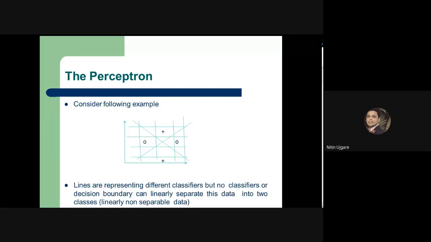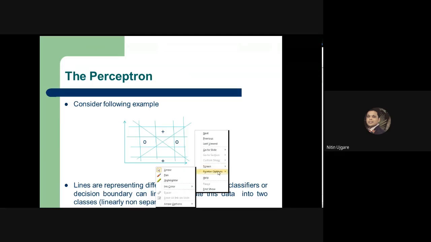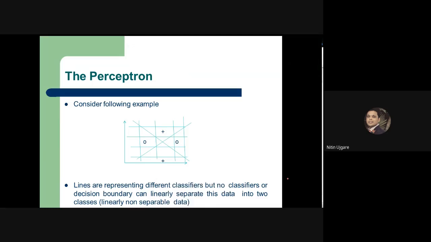The example of this kind of data set is this. Here in this slide, you can see this data is not linearly separable. You cannot have any classifier which performs the classification of these instances. Many of these classifiers have been shown here. This is one classifier, this is another classifier, this is another, this one, this one, and this one.